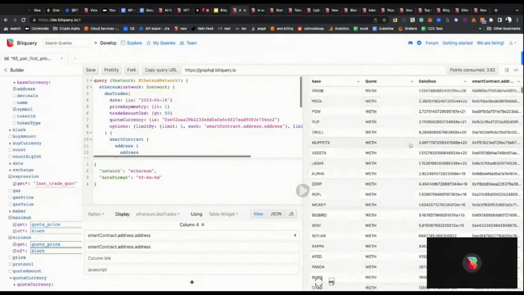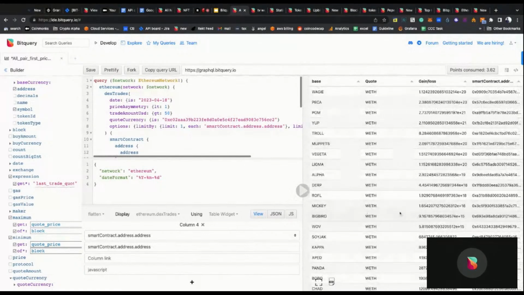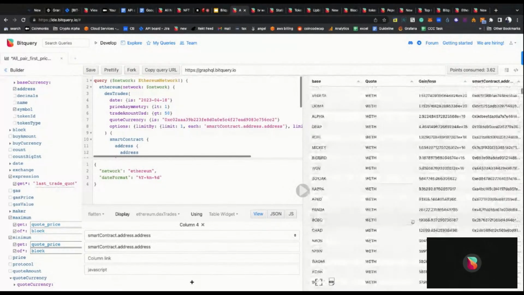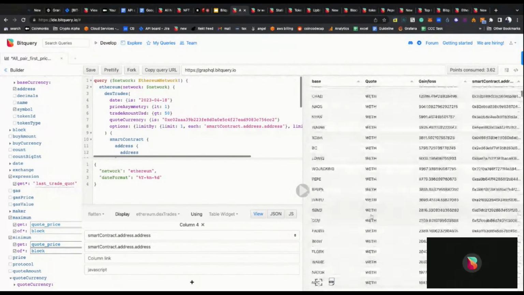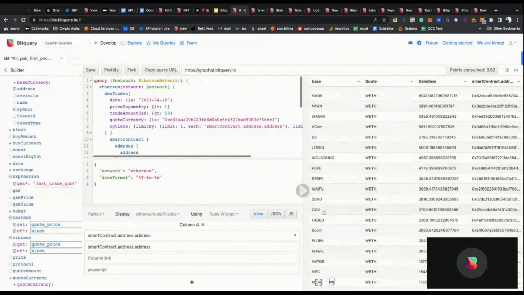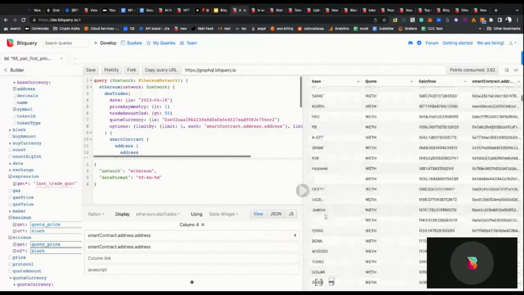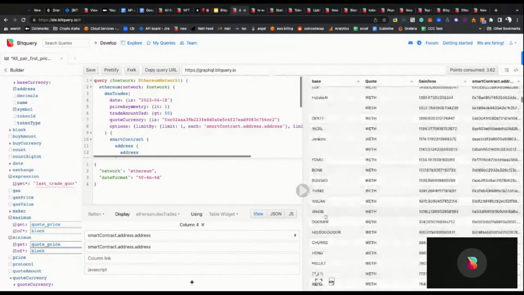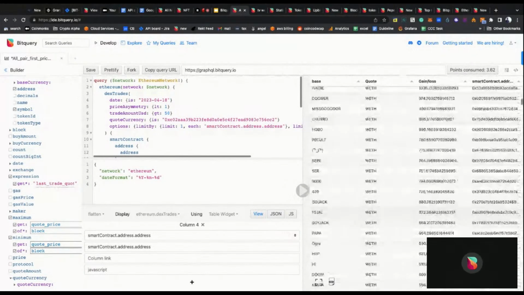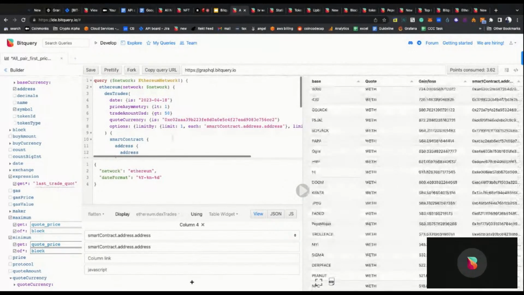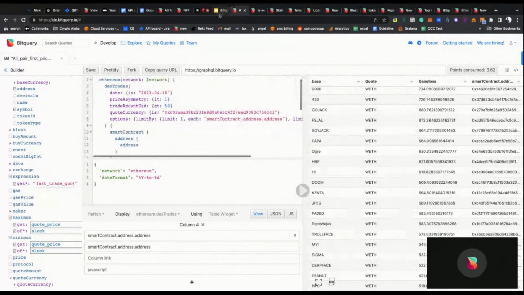So you see there are coins which are ballooning like 5,000% in a day. See, more than 5,000%, if you see the last 24 hours, and this might be interesting data for traders to see which coins are going to balloon, and maybe started going up. You can use this API to get these things.